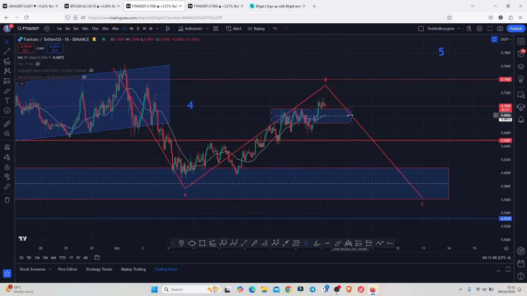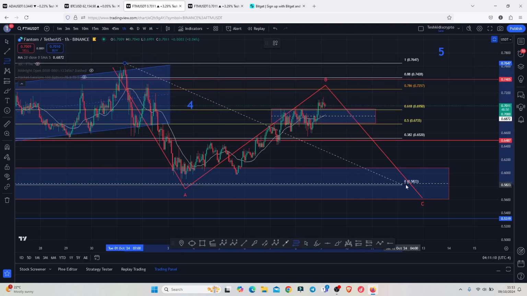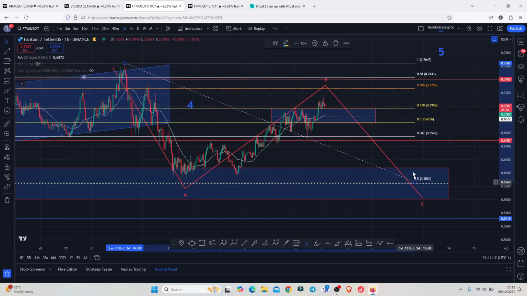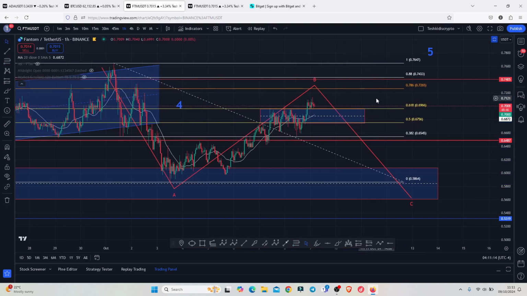I gave you the minimum target area for this wave B over here by pulling the fibs from the highs that we made in that larger Elliott wave count 3 to the low that we made over here, giving me a minimum target area for that wave B between the fib level 0.5 and the fib level 0.618, which is an area that we have not fully maximized.